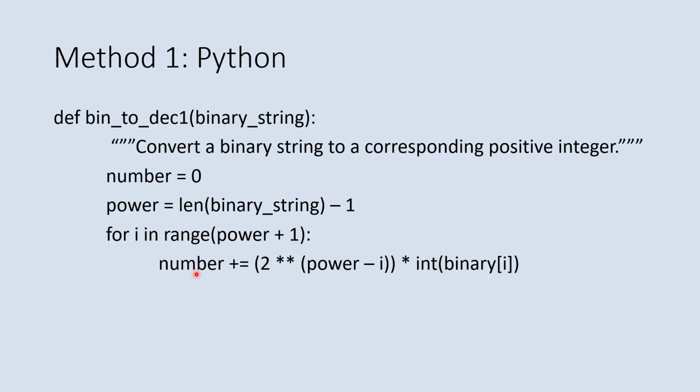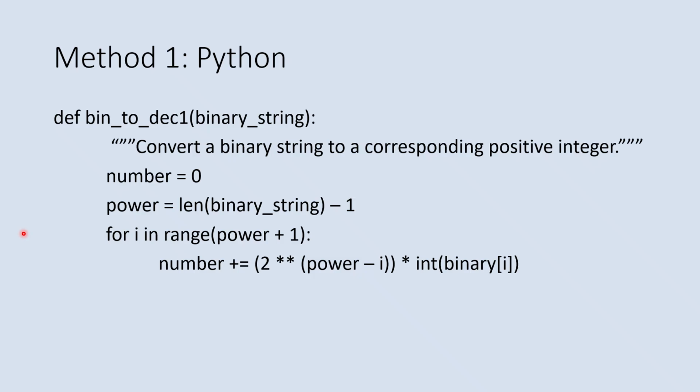So the number is updated for every one of these by 2 to the appropriate power times whatever value is in there. If the value is a 0, that's fine; we just add 0. We do update it officially in the way Python works, but we add 0 so it doesn't change the value.